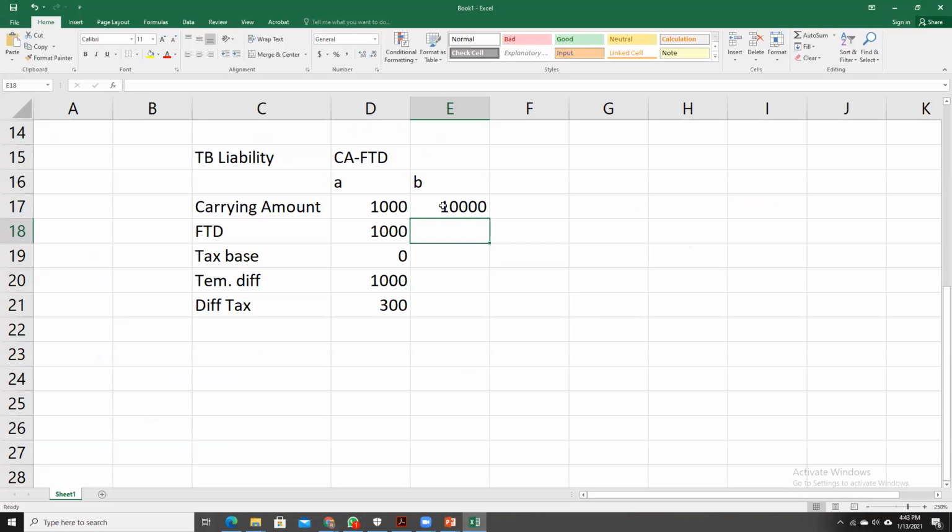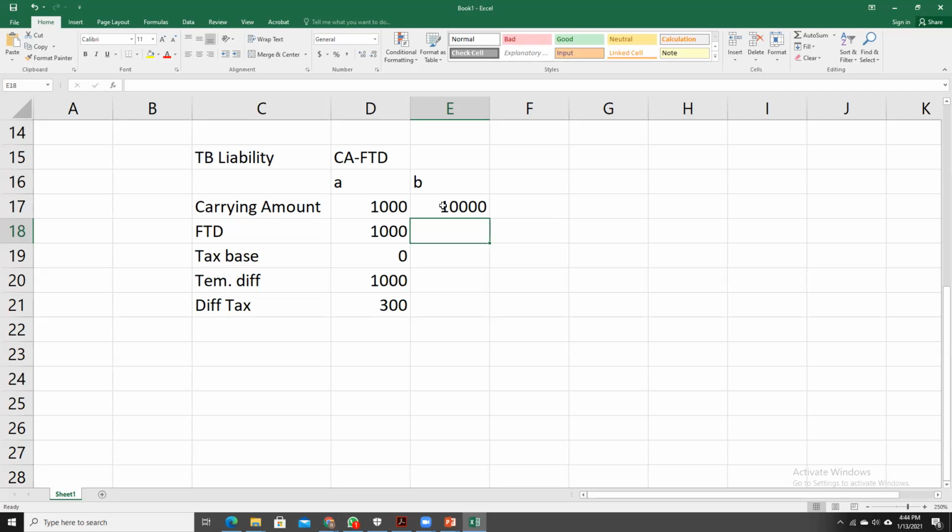And then future tax deduction. Are there any tax deductions in the future for that income? Already taxed? It's already taxed. This 10,000 this year is taxable. According to the tax rule, the government will charge tax for this revenue.